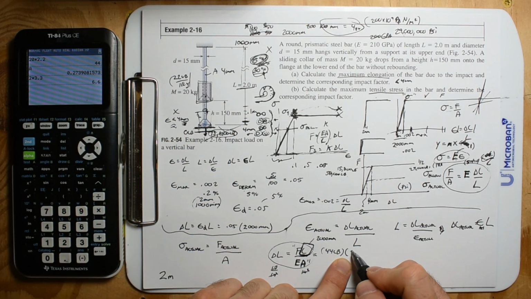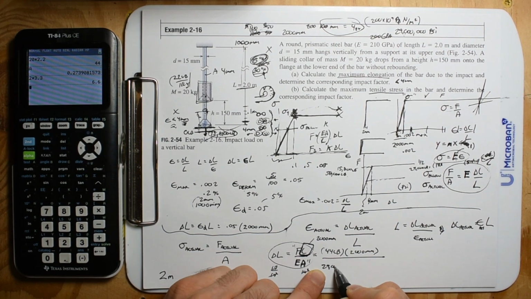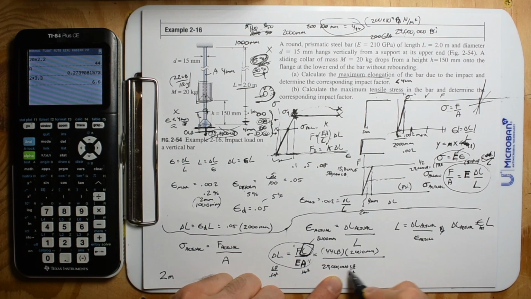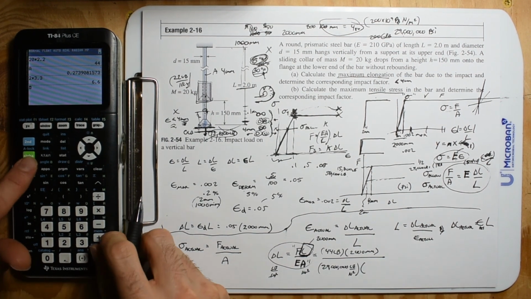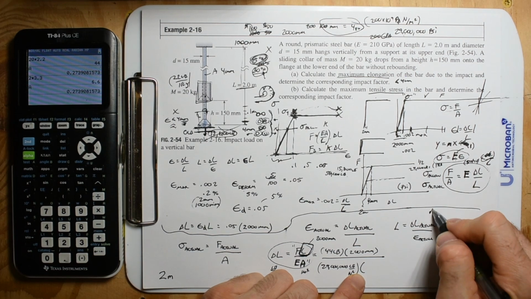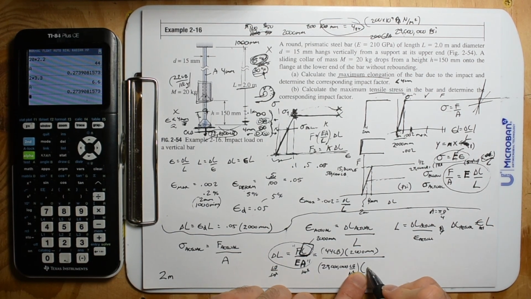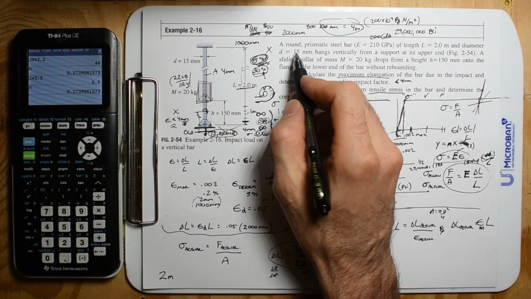Okay, so we have 2,000 millimeters divided by 29 million pounds per inch squared. That's in PSI. And then the area is pi d squared divided by 4. Even here, you've got to get this in meters.